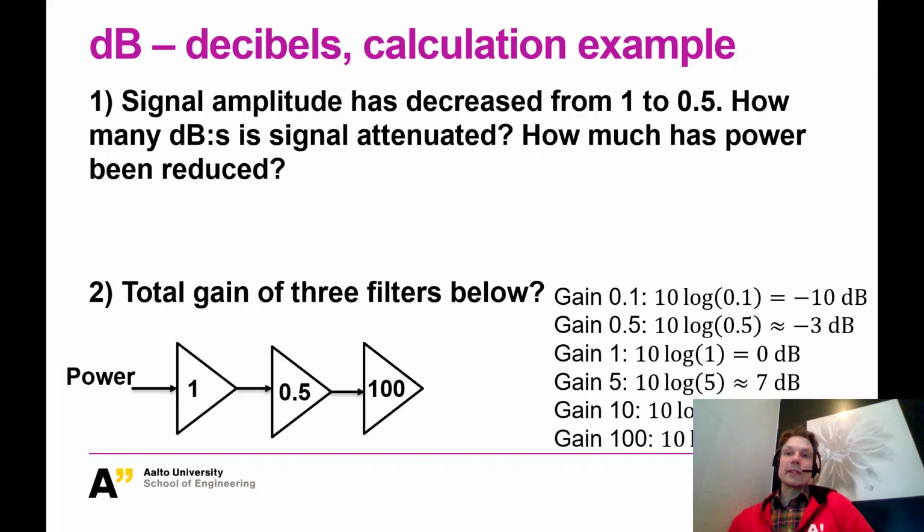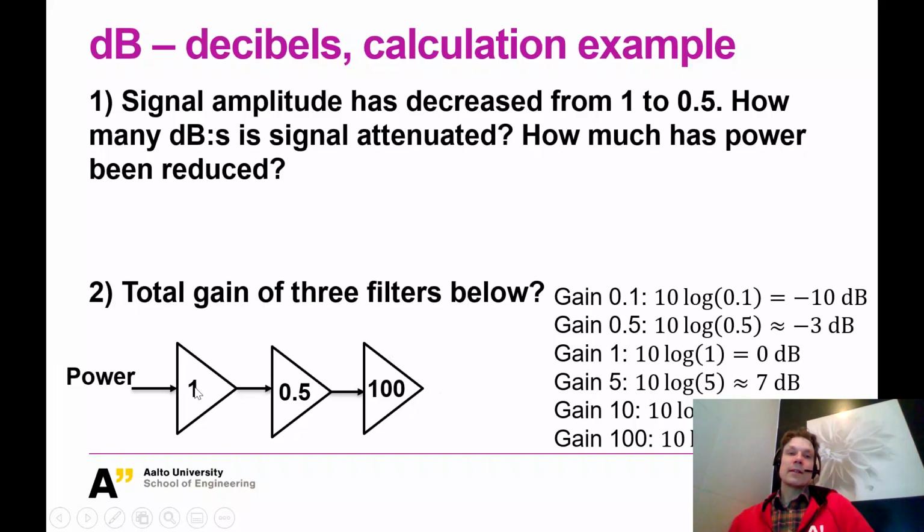You can think about these answers. I think you can see these here, and then you can also calculate or think about this type of situation where you have different gains.